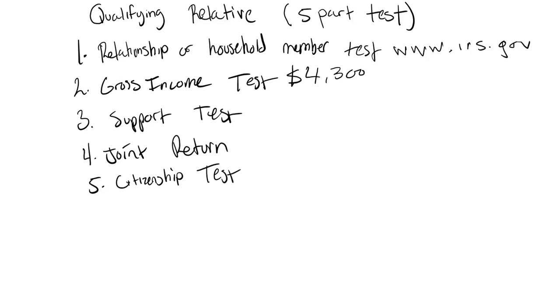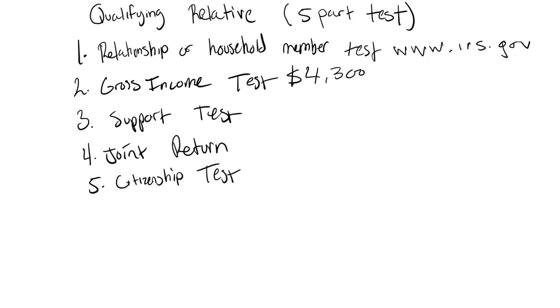Though the IRS is no longer using the exemption amounts, these amounts are still used for the purposes of these tests. The third is the support test. A dependent must receive over half of his or her support from the taxpayer or a group of taxpayers, which is called a multiple support agreement we'll talk about in a second. Unlike the gross income test, income exempt from tax and earned by the potential dependent is considered for the support test.